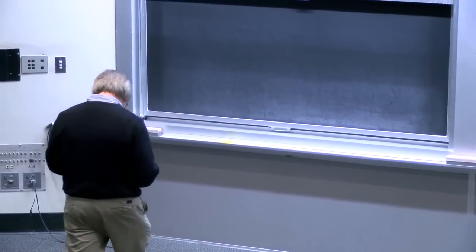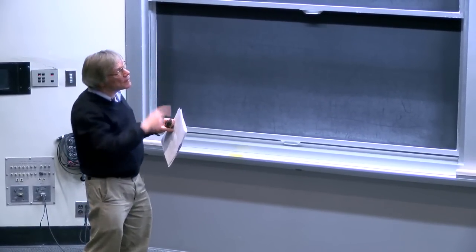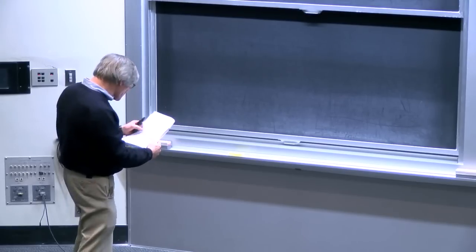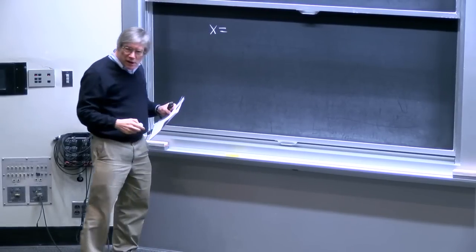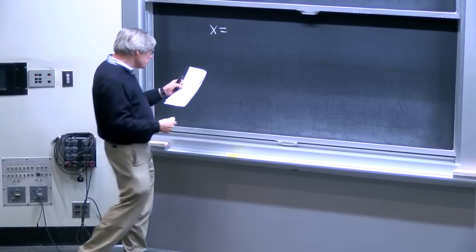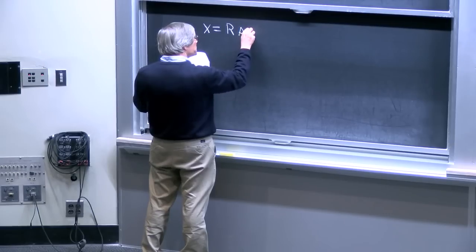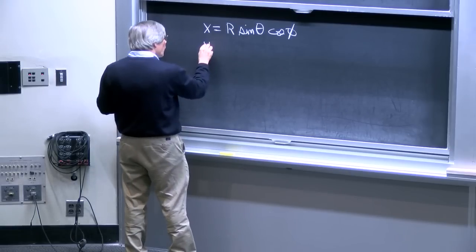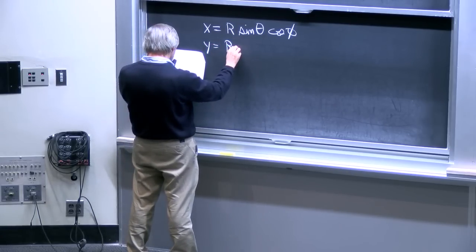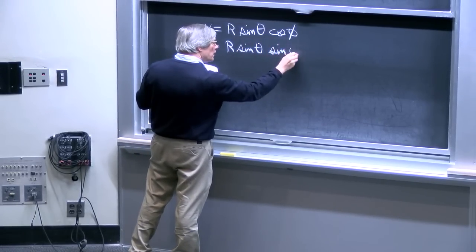OK, so what I wanted to do was to look at the definition of the coordinate system as now shown on the screen. And from that, we can write down the relationship between x, y, and z and theta and phi. And those relationships are that x is equal to r times sine theta times cosine phi. y is equal to r times sine theta times sine phi.